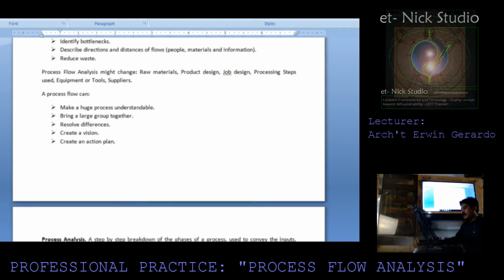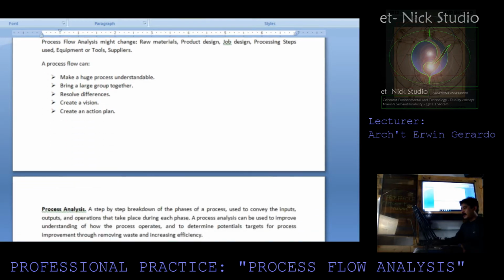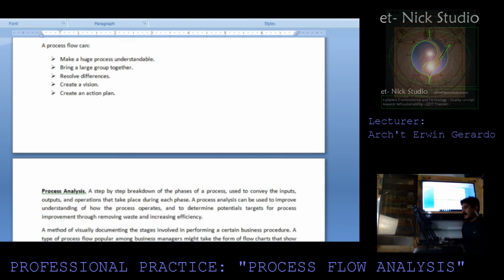A process flow can make a huge process understandable, bring a large group together, resolve differences, create a vision, create an action plan.